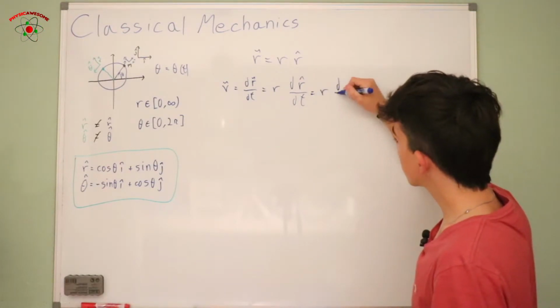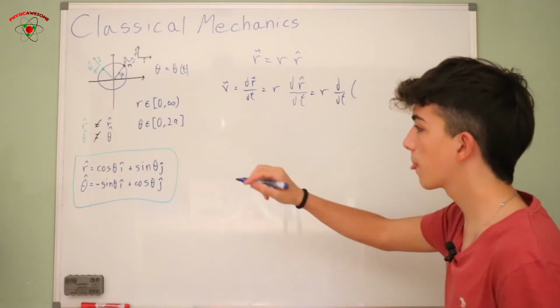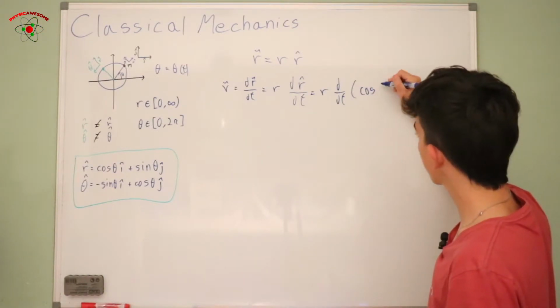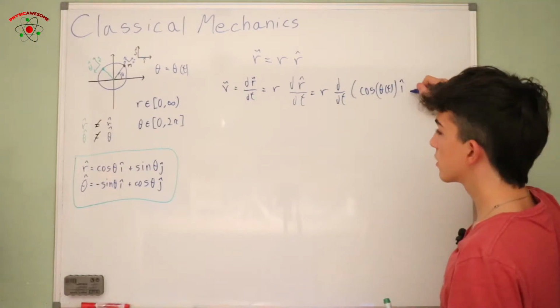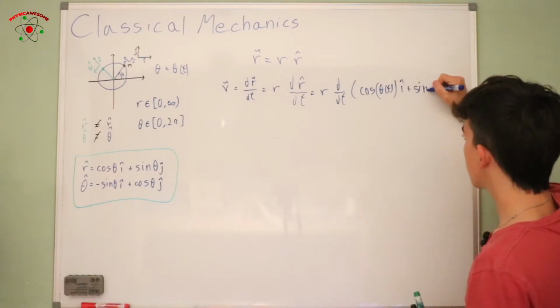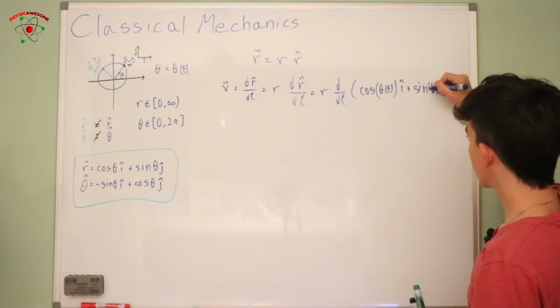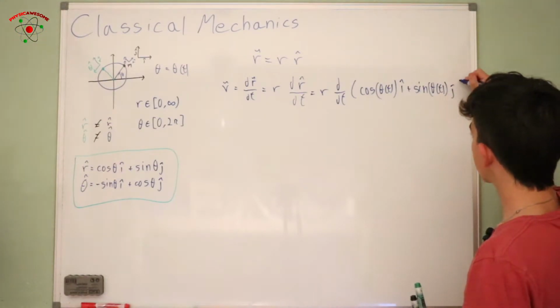Specifically, this is d/dt of cosine theta of t in the i hat direction plus sine theta of t in the j hat direction.